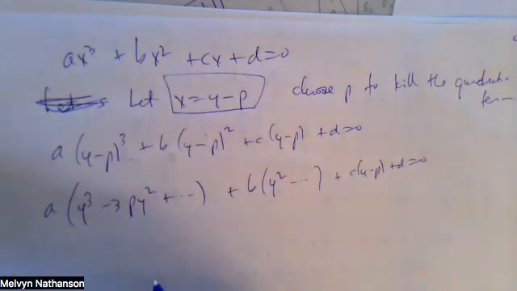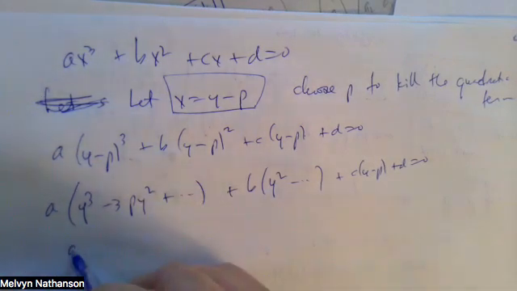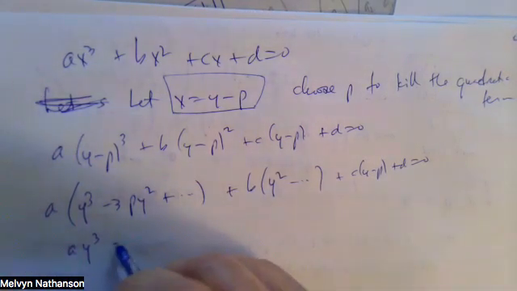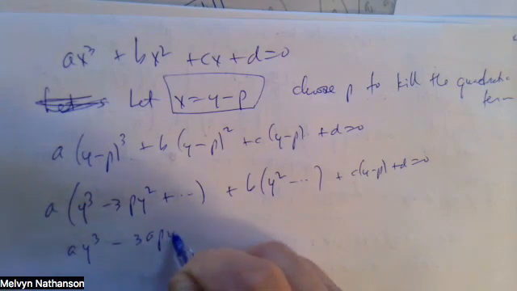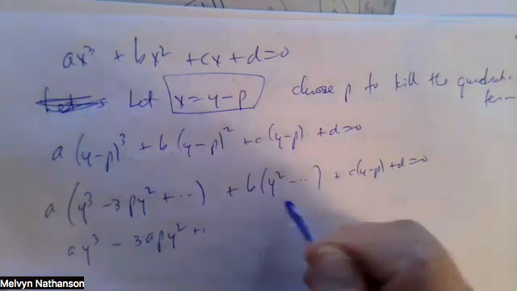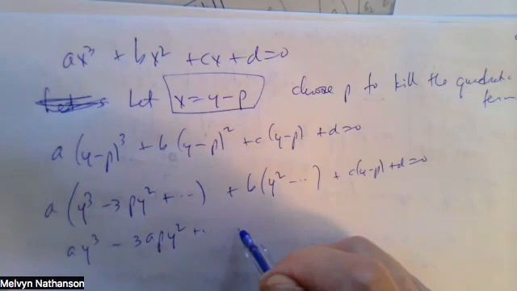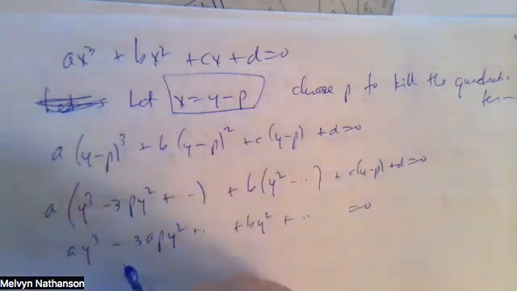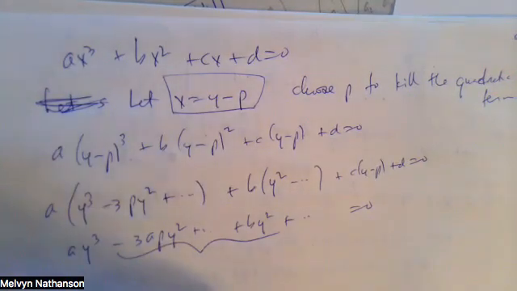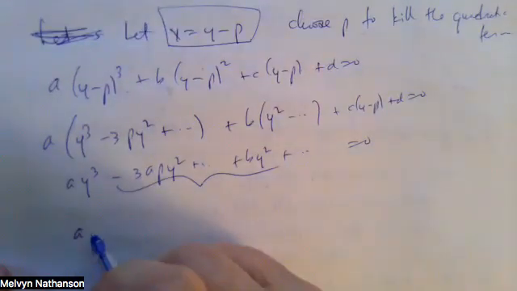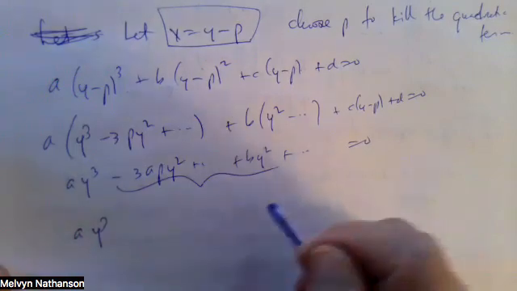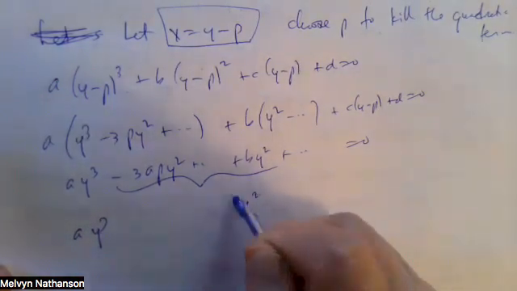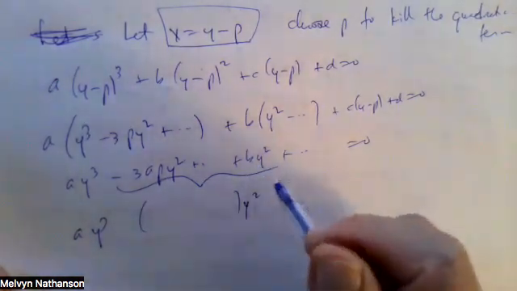When I expand this, I get a y cubed minus 3p y squared plus other terms, plus b times y squared plus other terms, plus c (y minus p) plus d equals 0. I only care about the terms that involve y squared. When I expand this across, I get a y cubed minus 3ap y squared, plus other stuff, plus b y squared plus other stuff. If I put these two together, this is a y cubed, and then what is the coefficient of y squared?